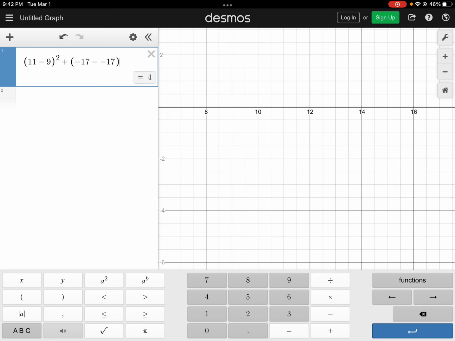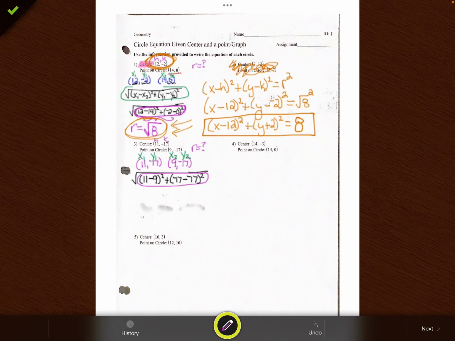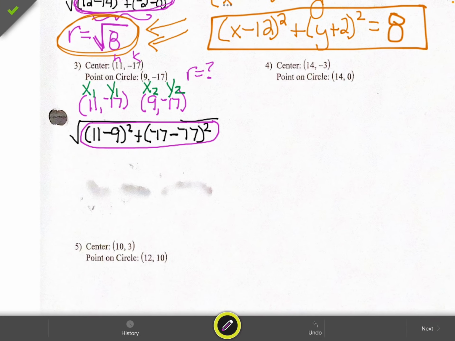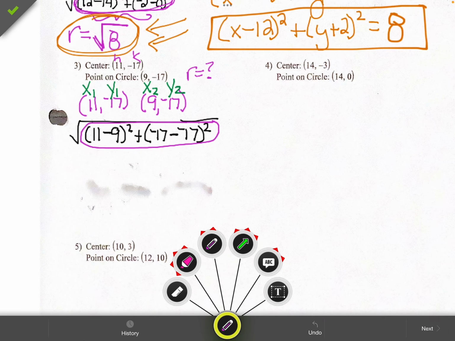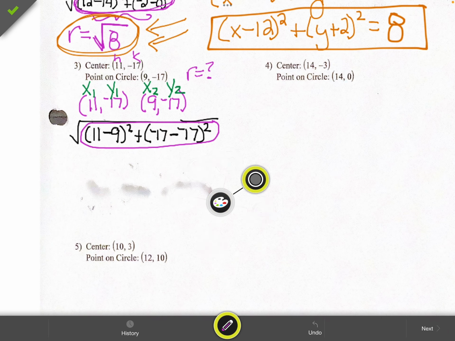We don't worry about that. Desmos will handle that double negative. And so we get 4. Now don't forget, we still have the square root. Type that in, and what do we see?